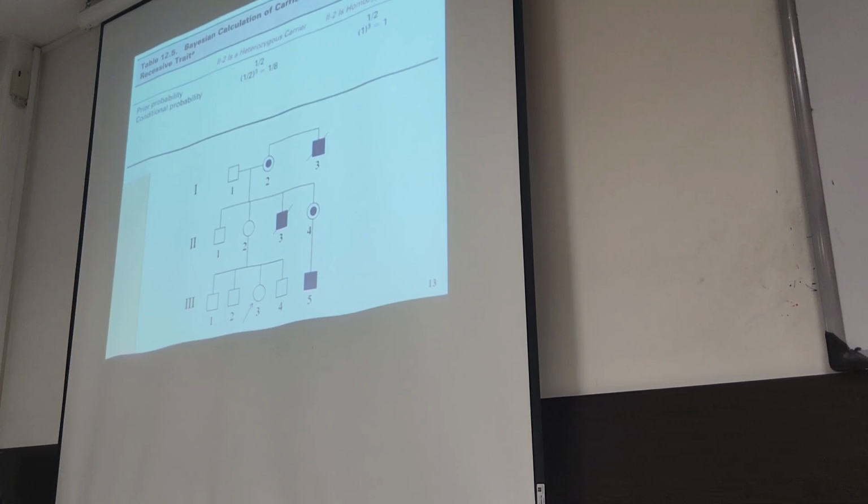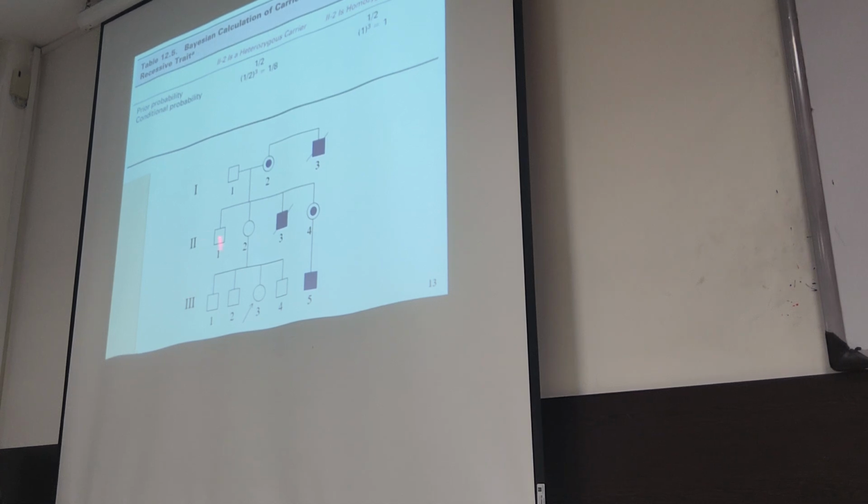So, if this individual is a carrier and has 3 unaffected boys, for 3 unaffected boys to happen at the same time is the multiplication of having a healthy boy for each pregnancy, okay?